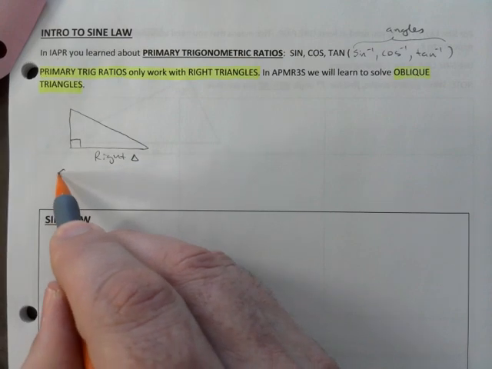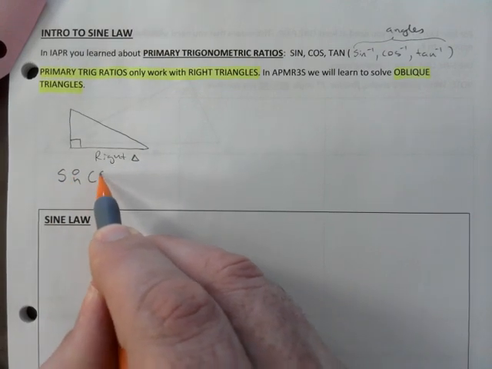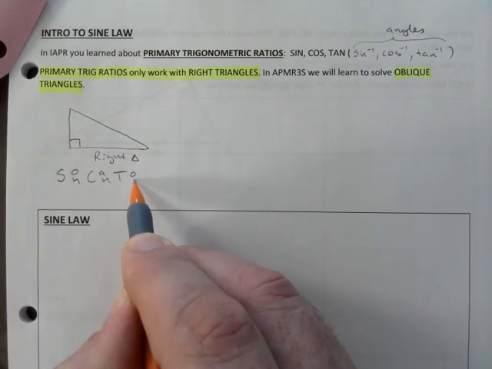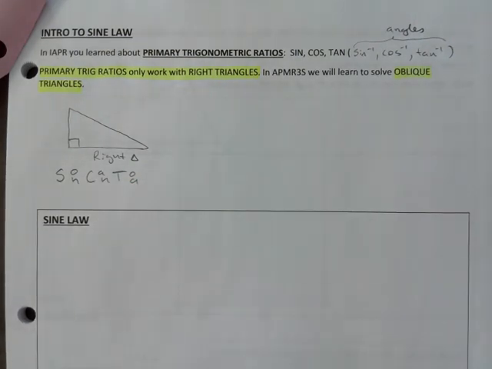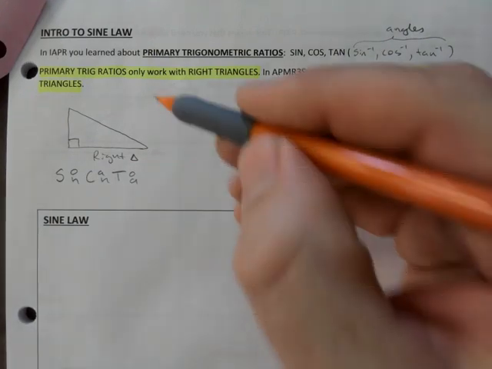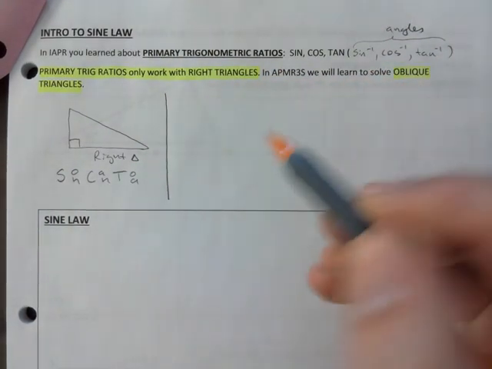And because you've been so ingrained with SOHCAHTOA, in IPR, if you had me, that's how I would have done it. You're so ingrained with it that I don't even review it, because then a lot of you blank out on a test and go back to that. I don't review it because you don't need it for this unit. So that's a right triangle.